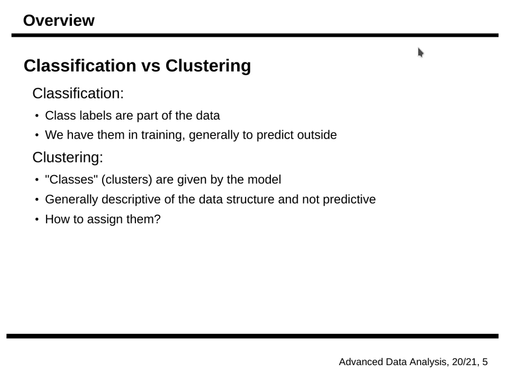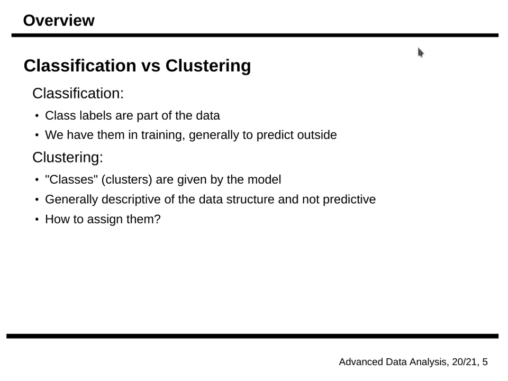So generally, we want to fit our model so that we can predict classes outside the training data, but we have the labels in the training data to help us adjust the model. In clustering, the clusters are like classes that the model is assigning to the data, but we don't have them in the data. So clustering is generally not used to predict things about points outside our training data. It's more used to find structure in the data, to find meaningful groups in the data.